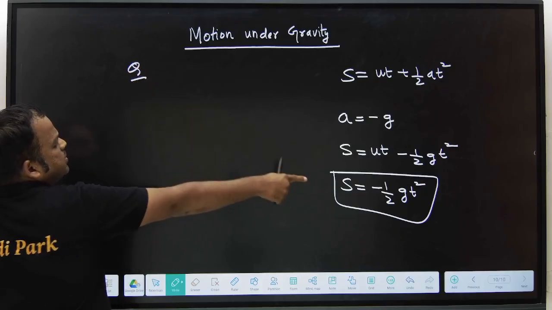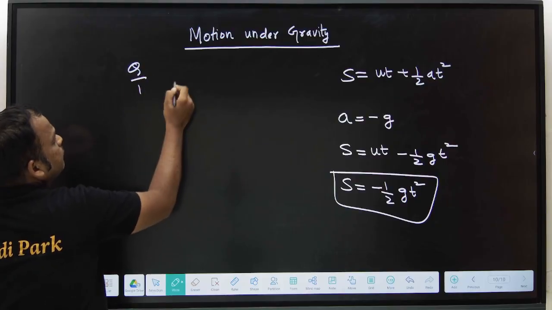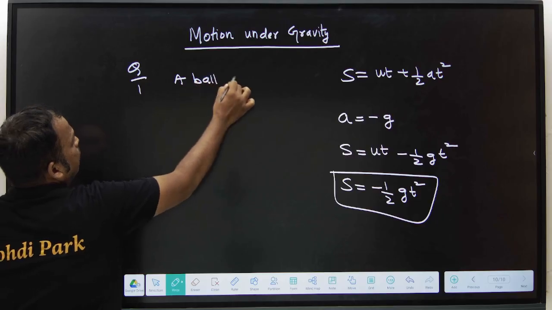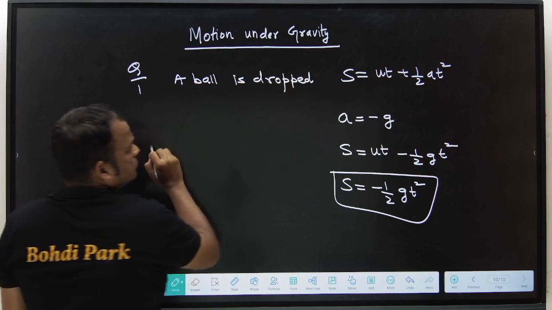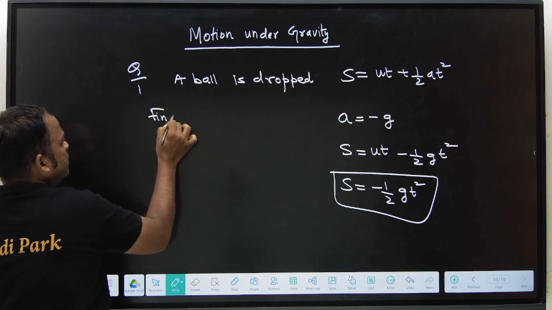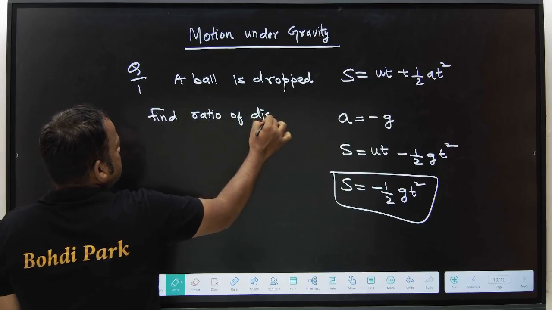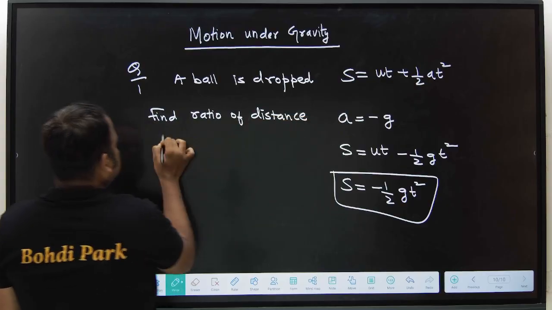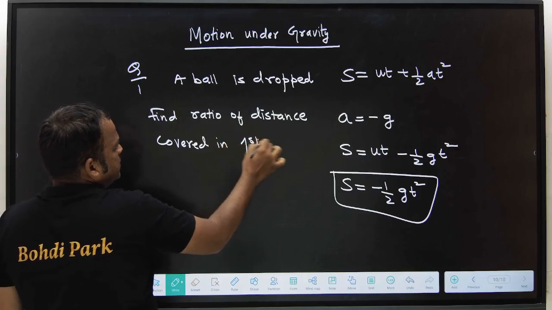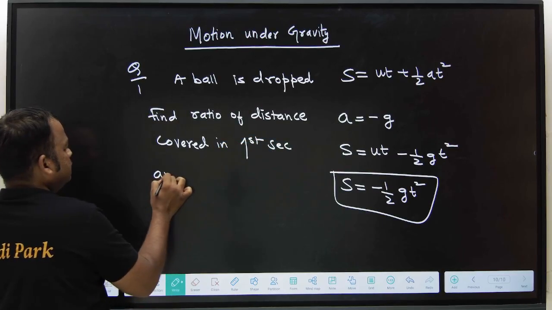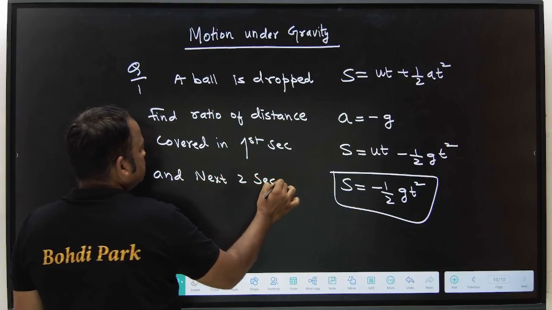Now let's use this in some questions. So the first question says: a ball is dropped, find the ratio of distance covered in the first second and the next 2 seconds.